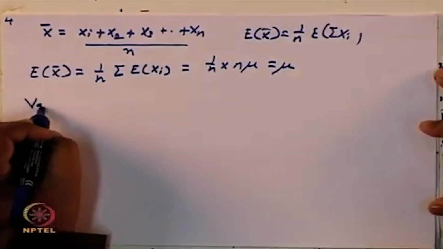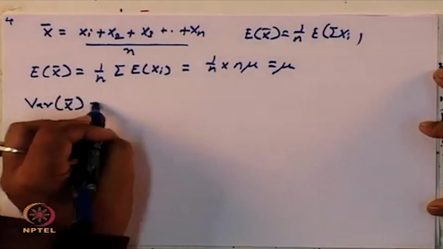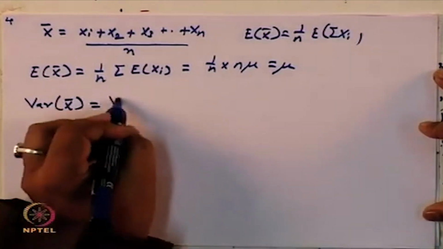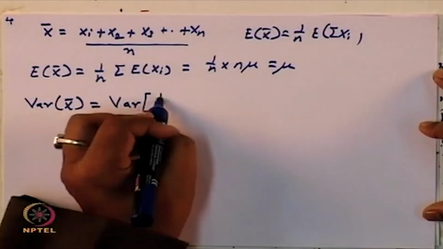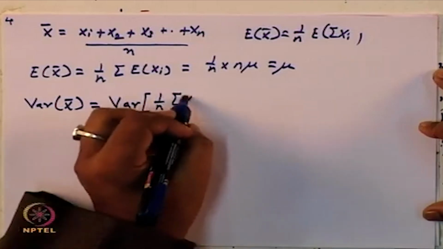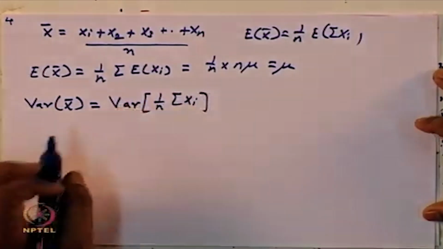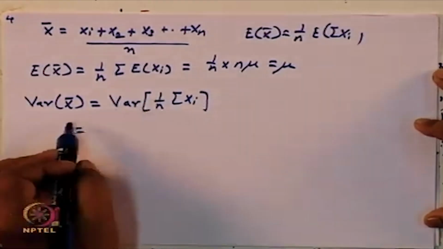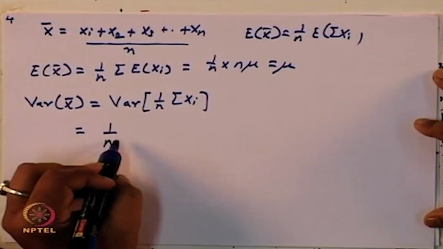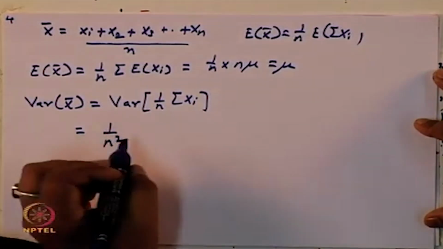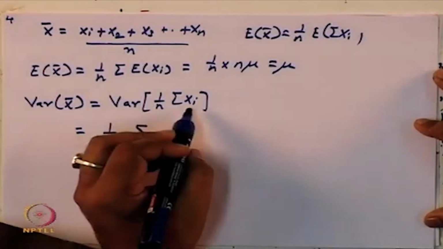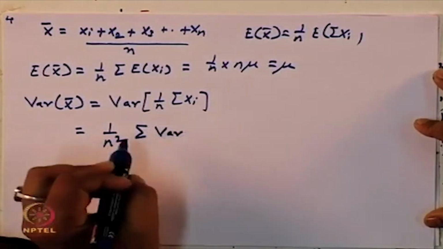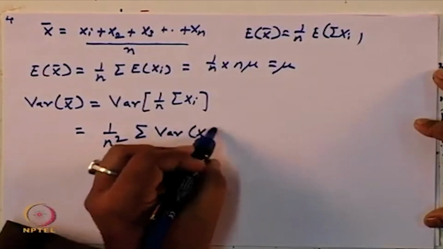And what about the variance of x bar? So, the variance of x bar is the variance of 1 by n into summation xi. This 1 by n is a constant, so if you take it out, you scale it by 1 by n square, as we have derived earlier. And because these xi's are independent, I can simply write summation variance of xi.